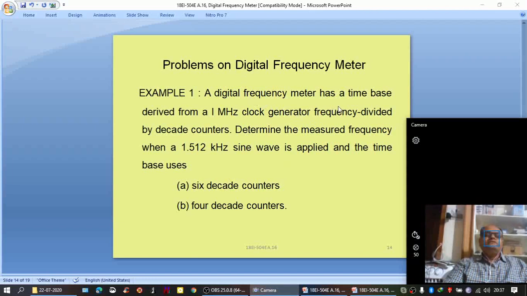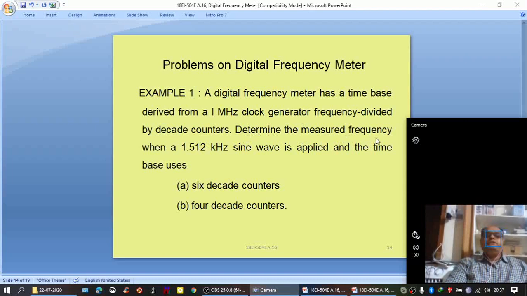A digital frequency meter has a time base derived from a 1 megahertz clock generator frequency divided by decade counters.